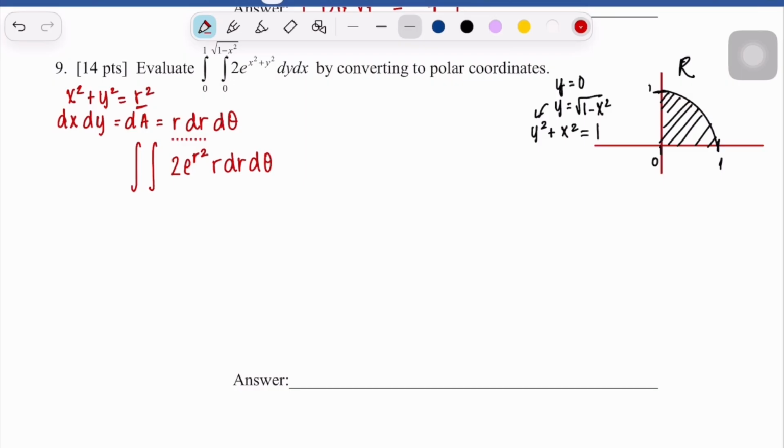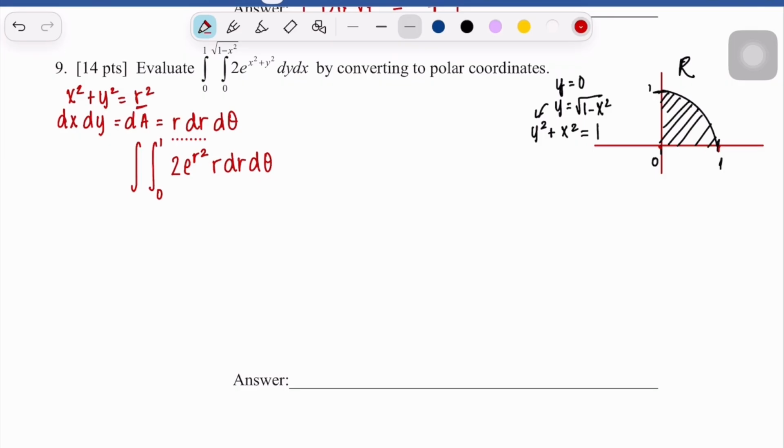and then those bounds. So our first integral is going to be with respect to r, or radius, and we know that our radius ranges from 0 to 1. So 0 to 1. And then the second integral will be with respect to theta.